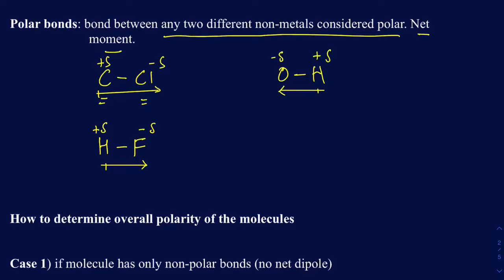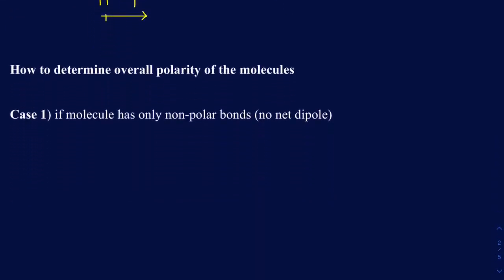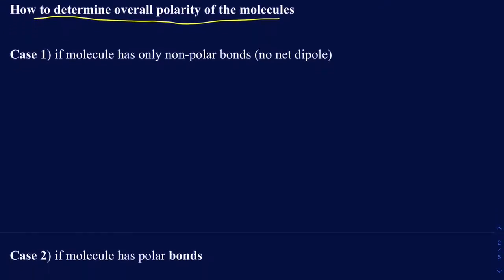Once you know your bonds, whether they're polar or nonpolar, you can determine the overall polarity of the molecule. Let's figure out how you're going to use the knowledge of the polarity of the bonds to determine the polarity of the molecule. Case one: if the molecule has only nonpolar bonds, that means there's no net dipole, then your overall molecule is going to be nonpolar.